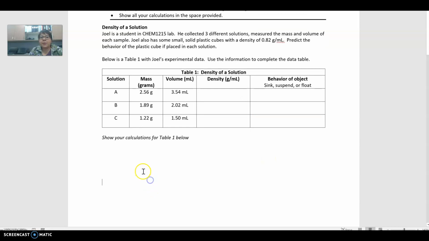I'd like you to show me your calculations. This might be cumbersome if you're typing, but I'd like for you to actually type out your calculations so that I know you know how to set up your calculations. I'm not going to type out the answer, but you can also handwrite your calculations in this area.